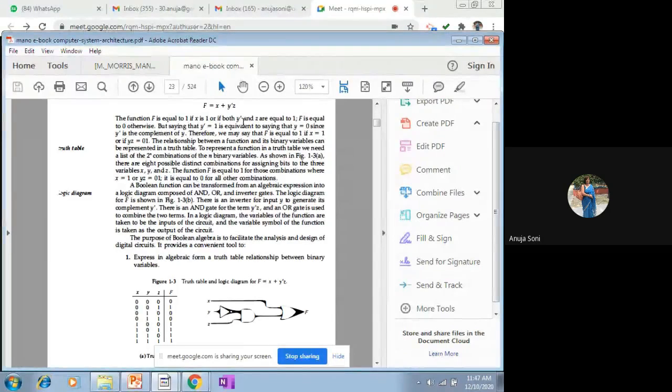And parallelly, you have to identify the number of input variables, the number of output variables, and very carefully identify the different logical operations that correspond to the logic gates required in drawing your logic circuit diagram.